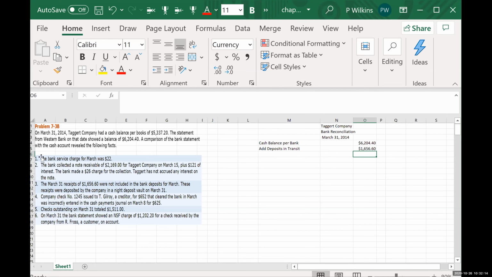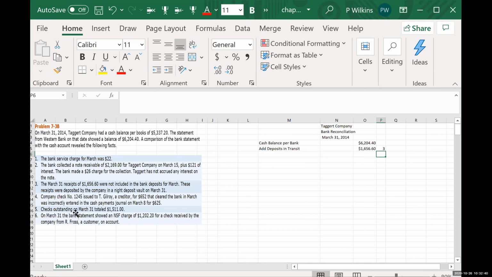So let's see here. We know it's not number 3, right? Because that was number 3. Number 4, company check number 1245 issued to, okay, that's an error, to T. Gilroy, a creditor, for $652 that cleared the bank in March was incorrectly entered. Okay.